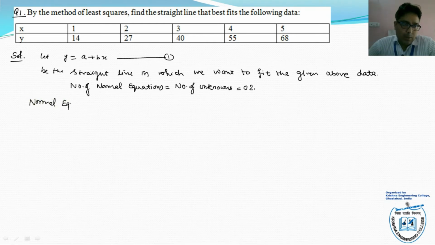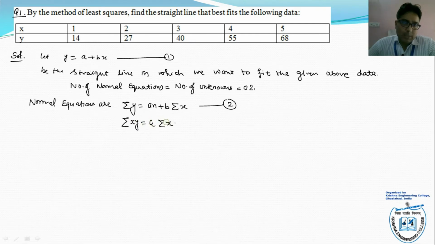The normal equation corresponding to constant a is sigma y is equal to n a plus b sigma x. This is equation number second. And the normal equation corresponding to constant b is sigma xy is equal to a sigma x plus b sigma x square.